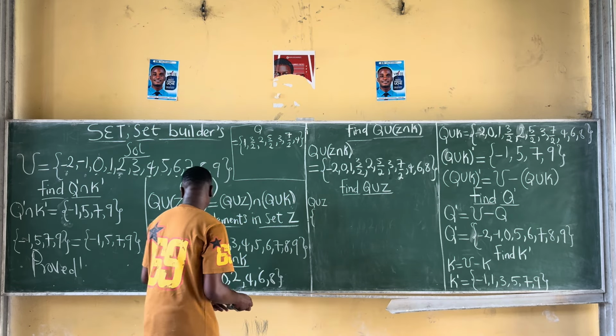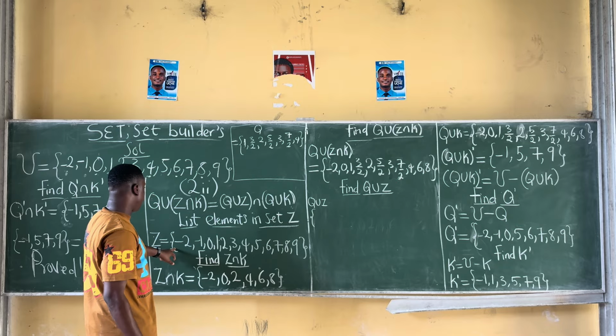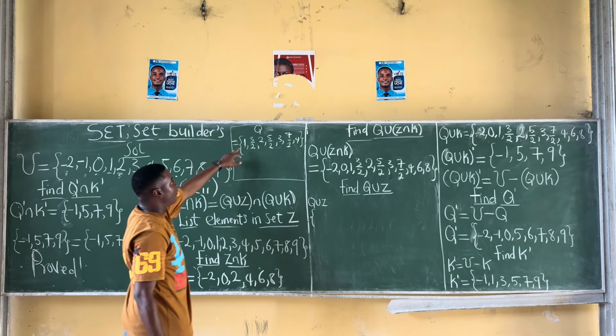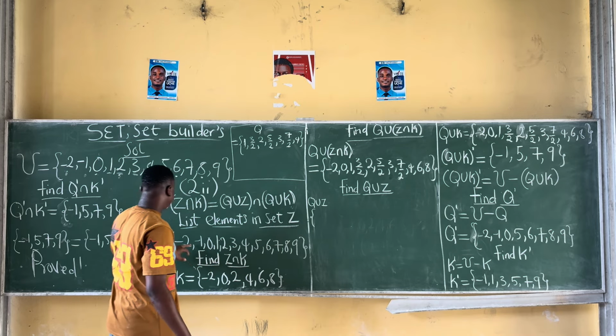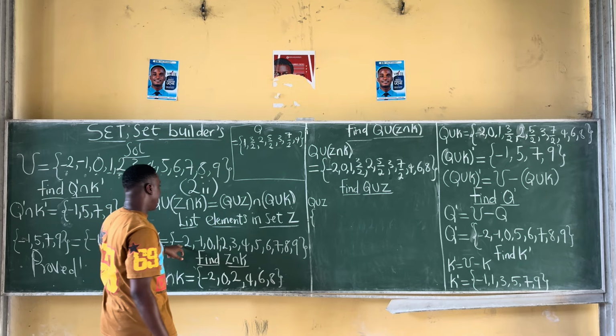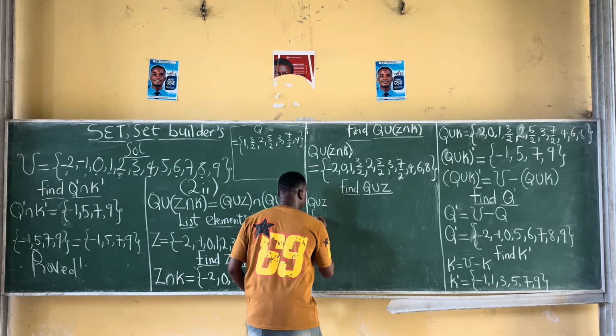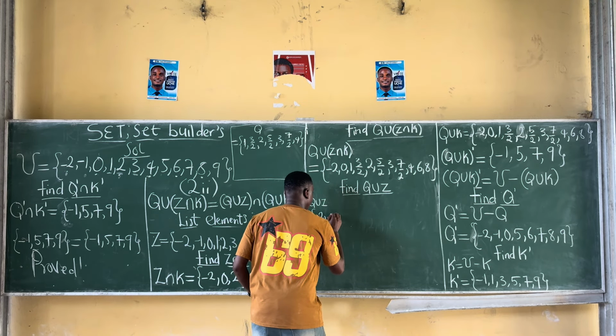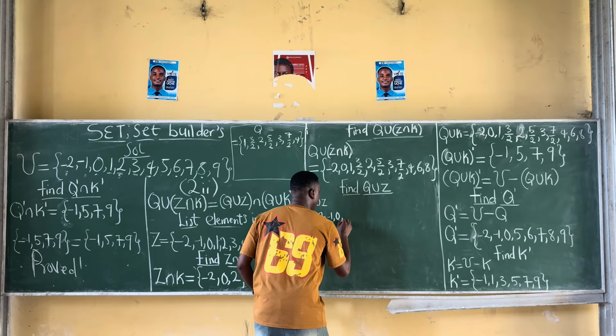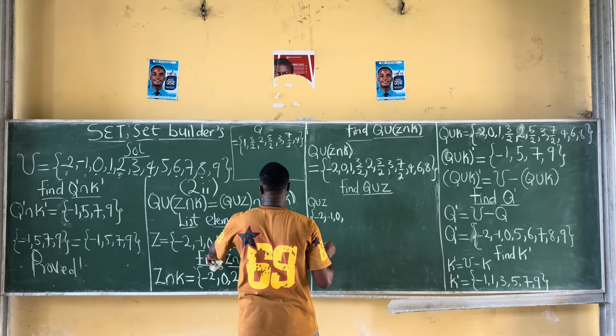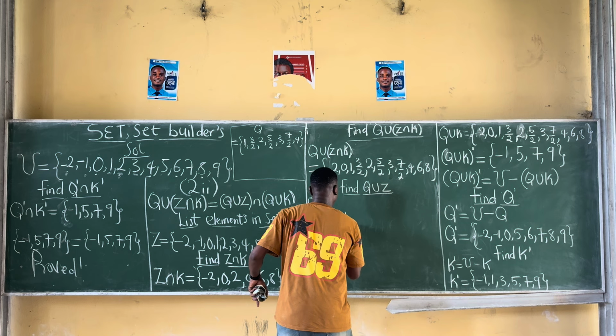So this is my Z. Q starts from 1 and Z starts from minus 2. So this is equal to minus 2, minus 1, 0, then we have 1 in both of them.